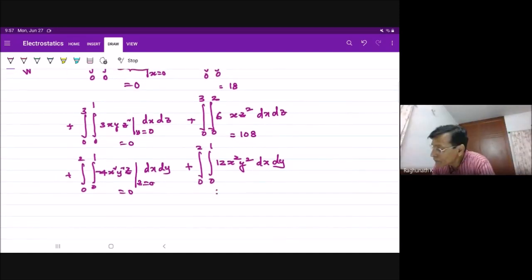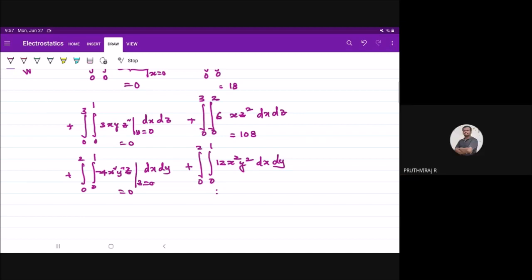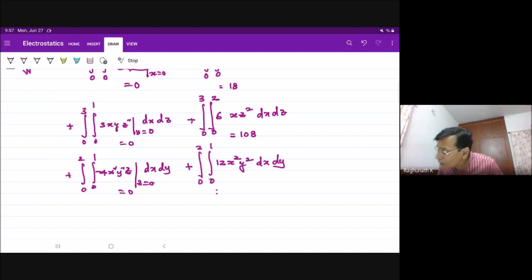What about this? 4 into y cube by 3. Correct? 4 into 8 by 3. Correct? 12 into x cube by 3 is 4, 0 to 1. 4y squared gives 4y cube by 3.